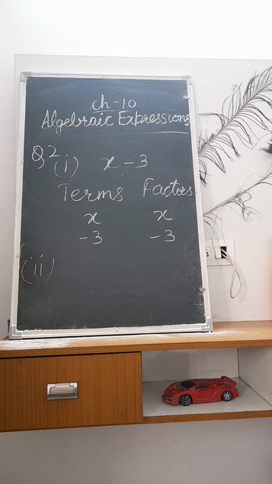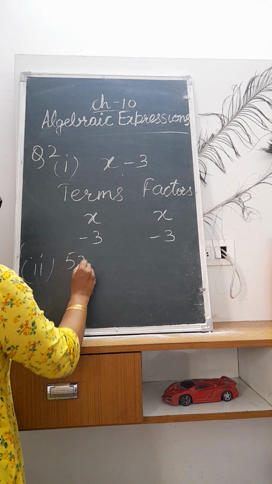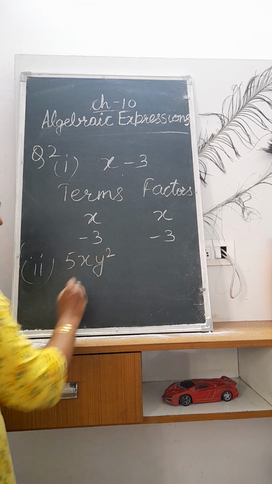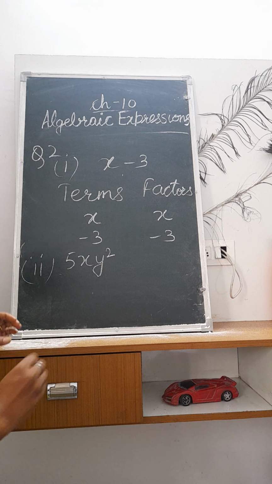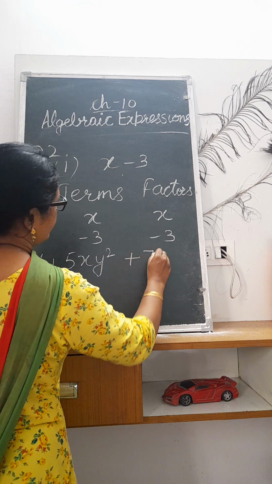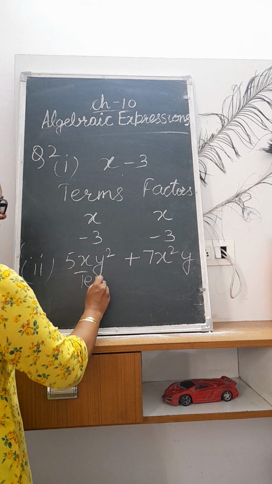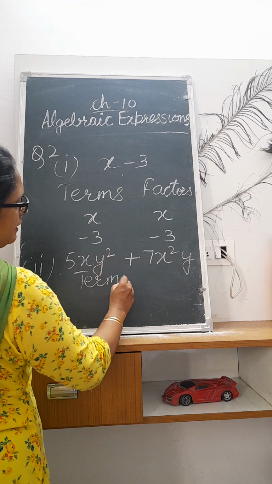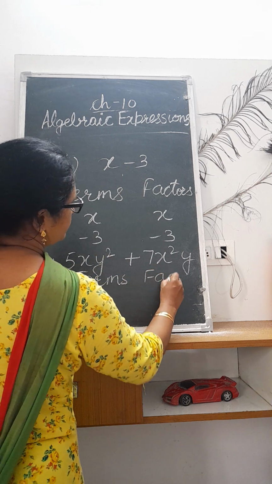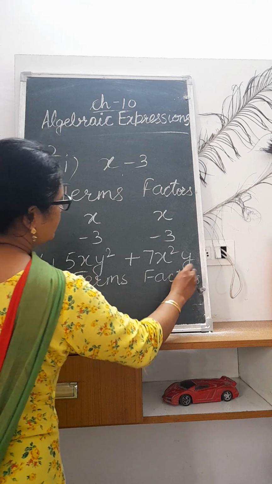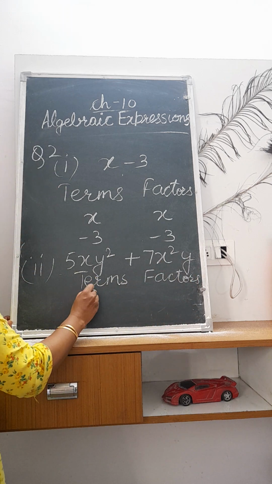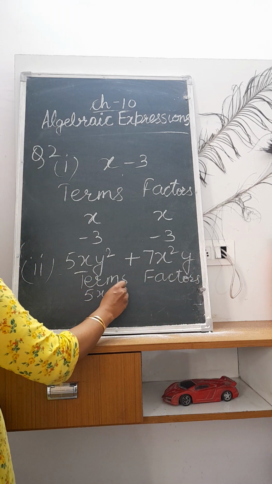Now let us do another. It is written 5xy square plus 7x square y. Now students, here we will see the terms and factors. The first term is 5xy square.